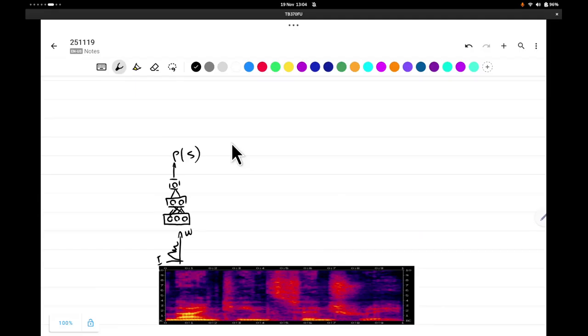And then we apply the same network. This is very important, that it is exactly the same network.